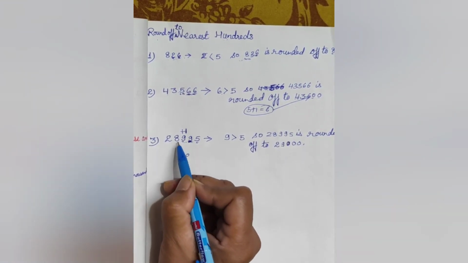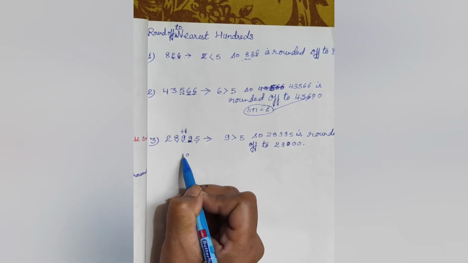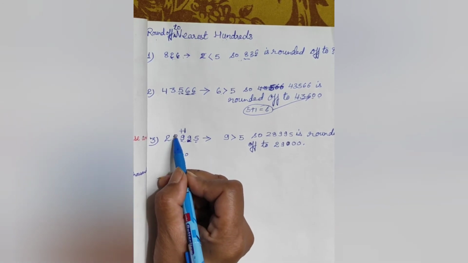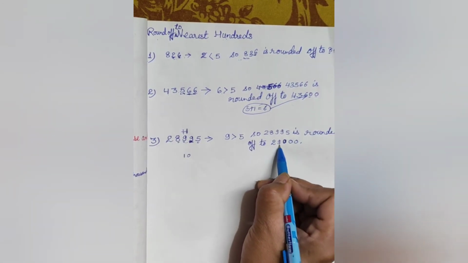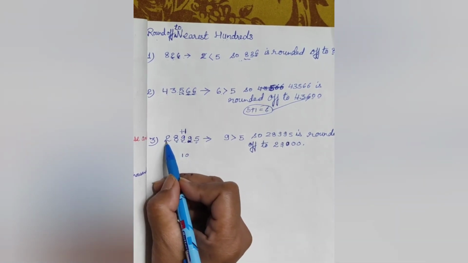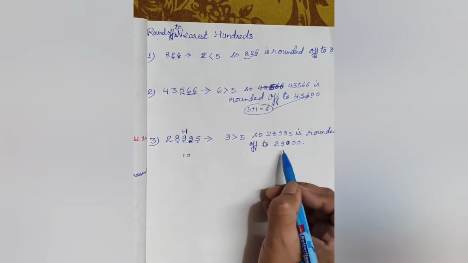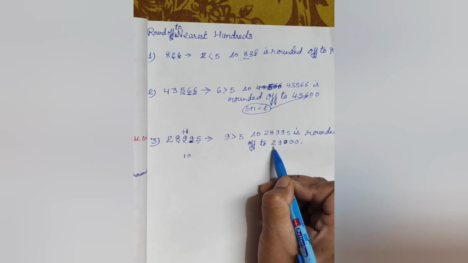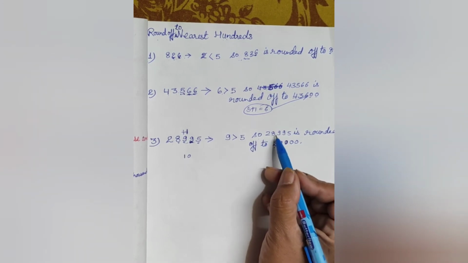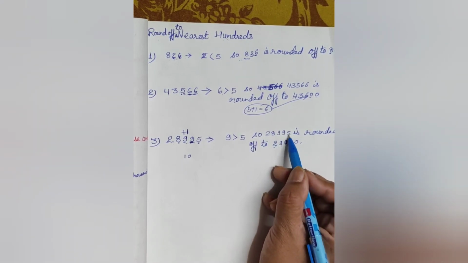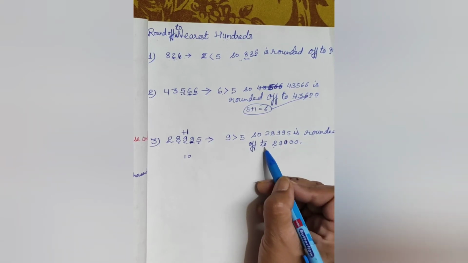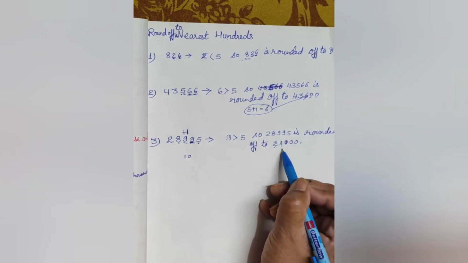So in thousand place digit we add this 1 and get 9, and the 10,000 place digit remains the same. So 28,995 is rounded off to 29,000.